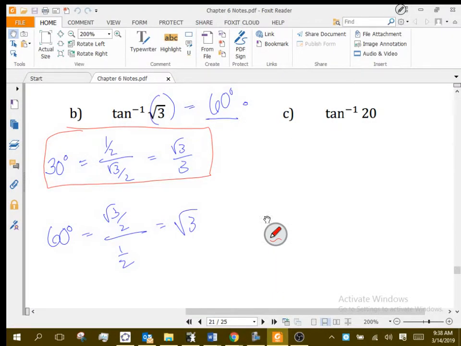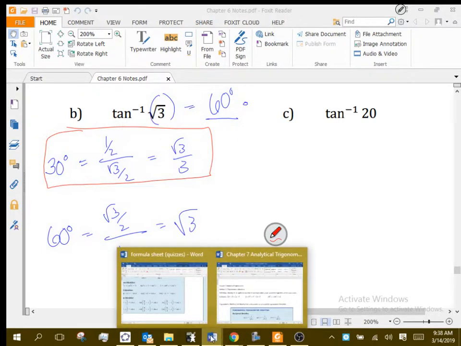We can talk and discuss what the sine inverse and cosine inverse, what their reciprocal inverse functions look like.